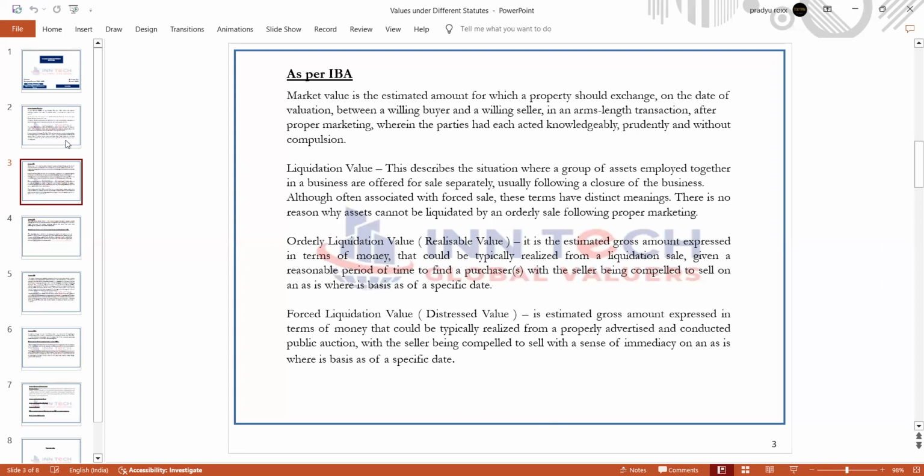They want to realize the least they can realize out of the property. So that will be the start point for them to start the auction, below which they don't want to sell the asset.